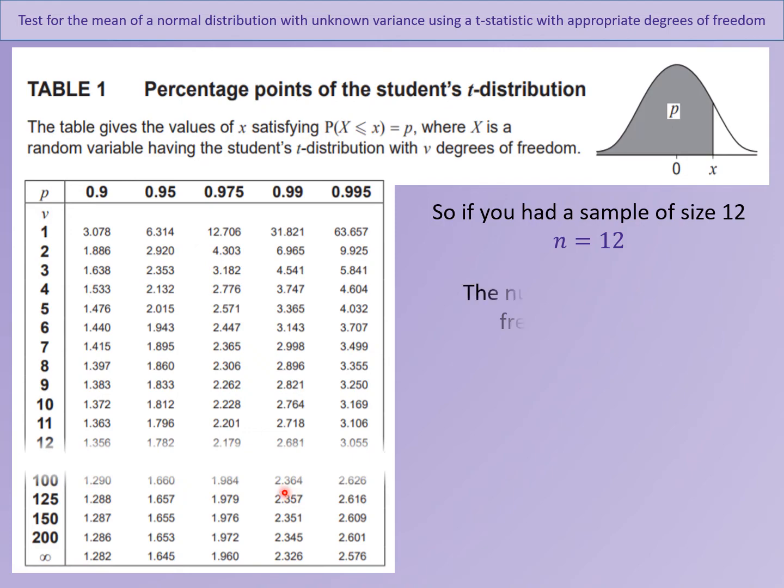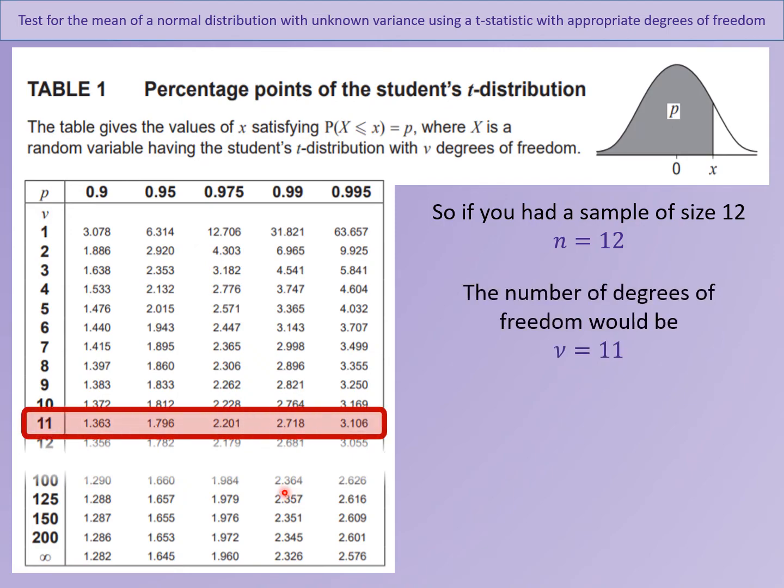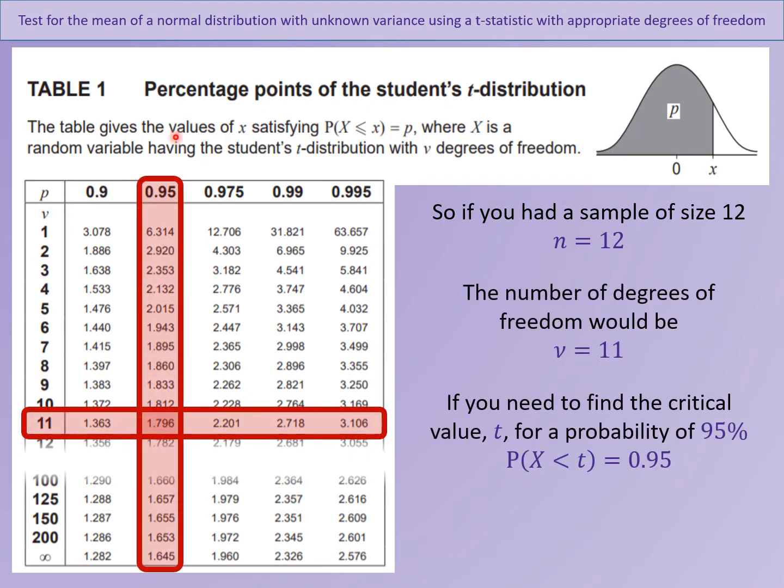So if we had a sample, just to mention this, 11 degrees of freedom, then we can see a probability of 95% would get me a critical value of 1.796. I don't need to use my calculators for it, but if you try doing a 95% probability in your calculator, you'll notice it comes out to be 1.645.